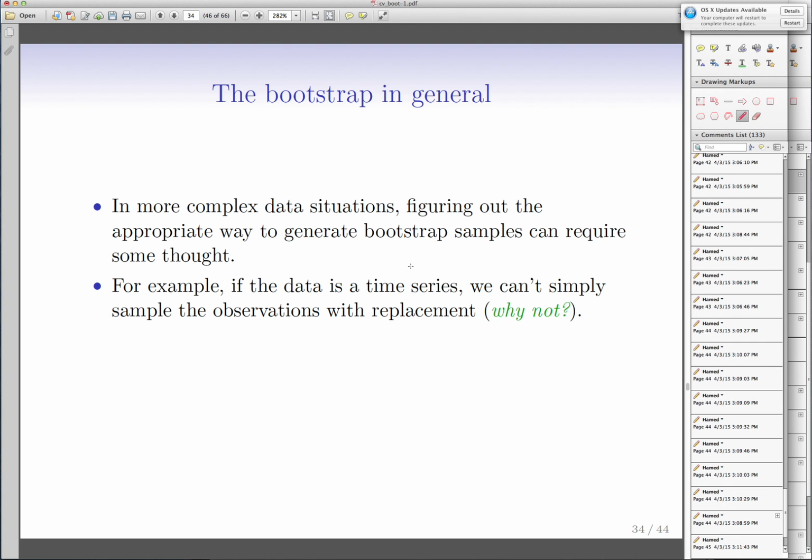So if you work with cross-sectional data, meaning non-time series data or non-panel data, it's pretty easy to use bootstraps. But in a more sophisticated version of it, when, for example, you deal with time series data, we should be careful how to bootstrap, because in time series data, you usually have a relationship like this.